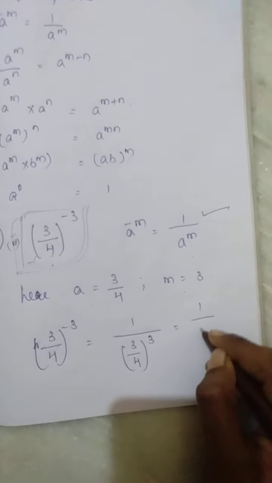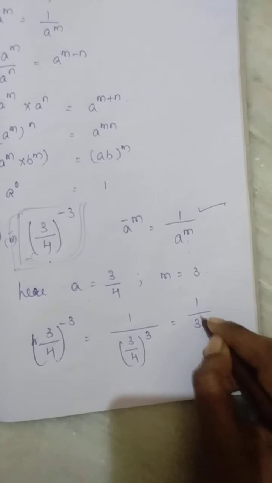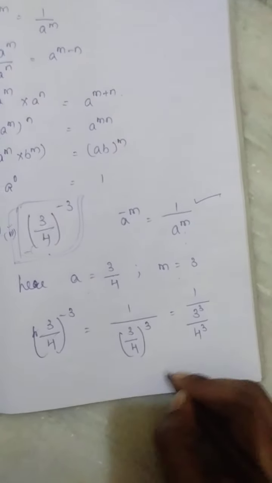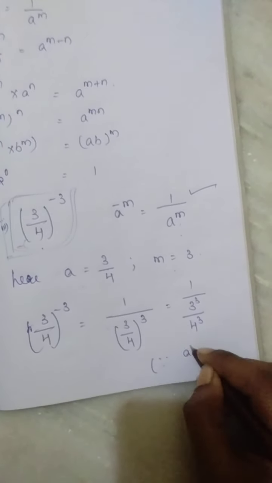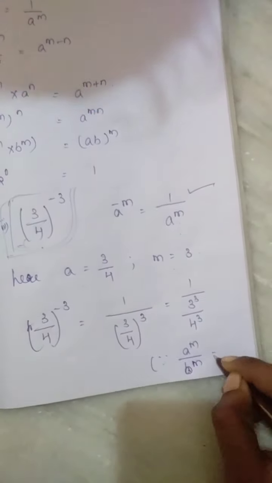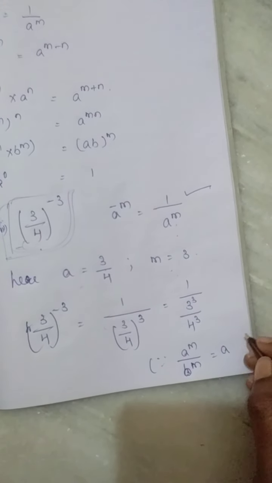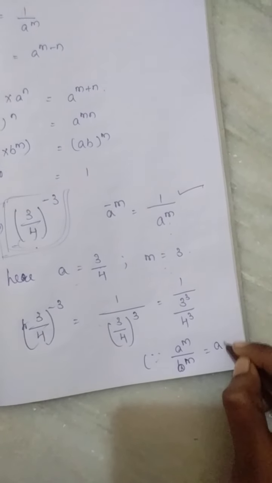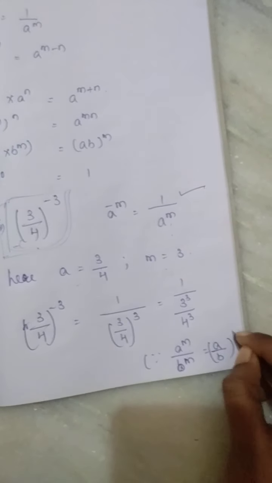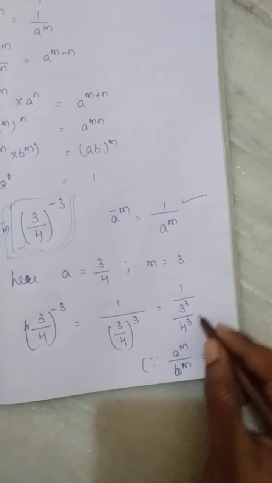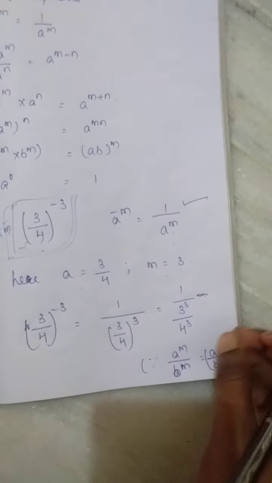Okay, 1 by 3 cube divided by 4 cube. Why? Because a power m divided by b power m equals a by b whole power m. This is your formula, and here you are having this one.